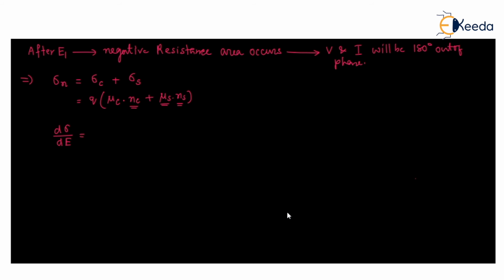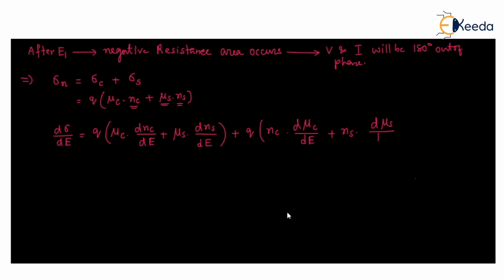After doing this partial derivative, the equation will look like this: q into (mu c into dnc divided by dE plus mu s into dns divided by dE) plus q into (nc into d mu c divided by dE plus ns into d mu s divided by dE).